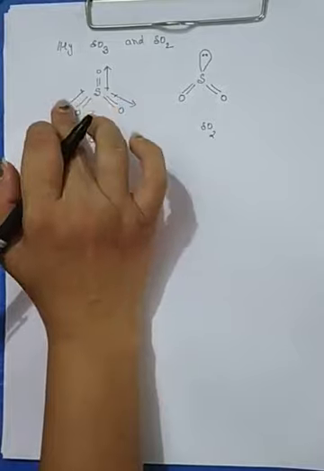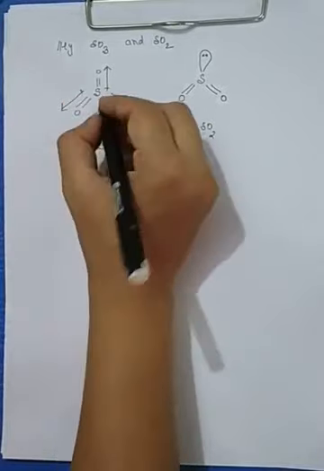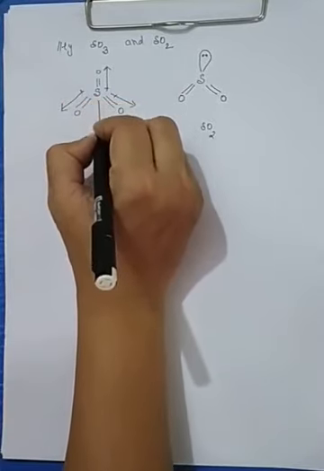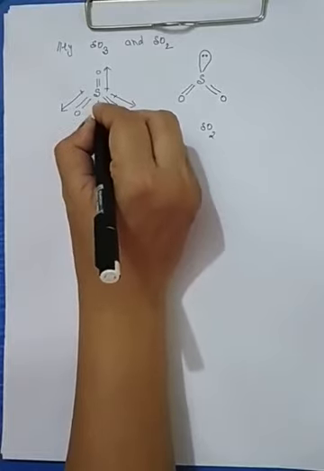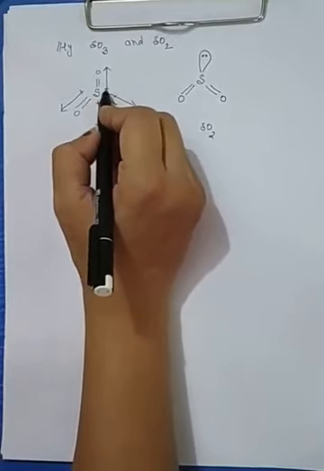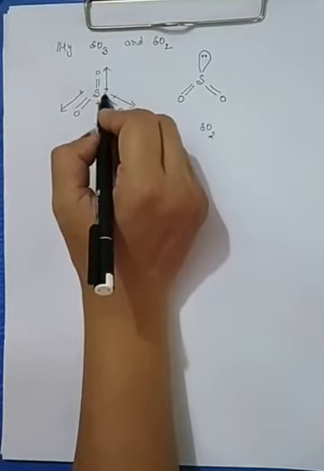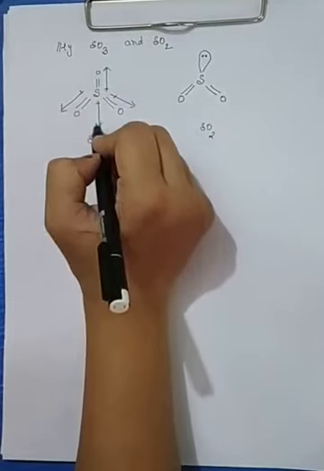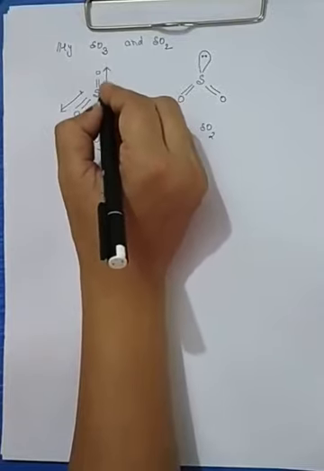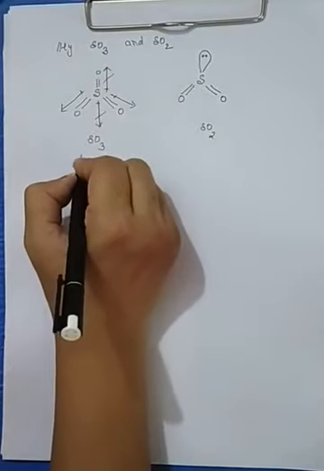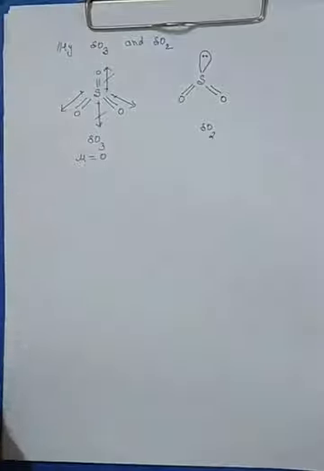Here also these two dipoles point in the downward direction, then their resultant has the same value as this upper dipole, but with opposite sign, hence cancel out. Mu is equal to 0.